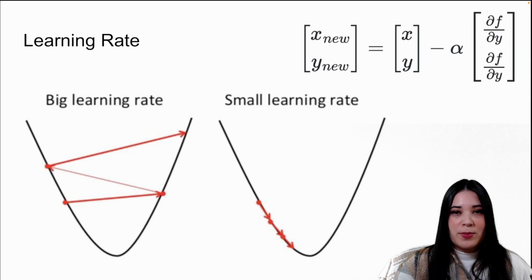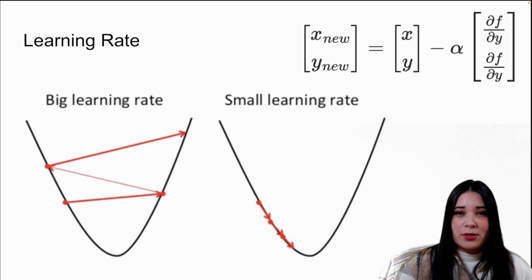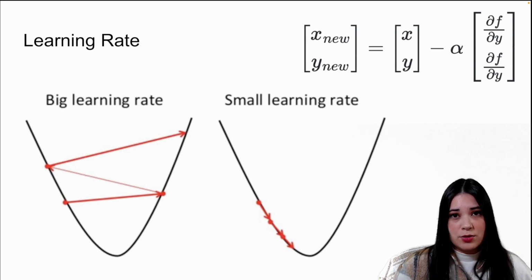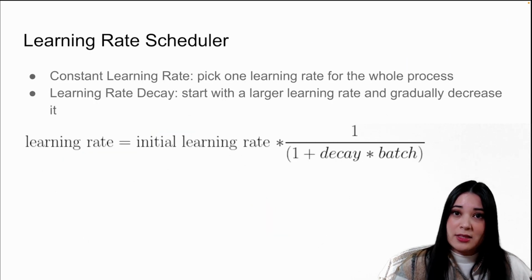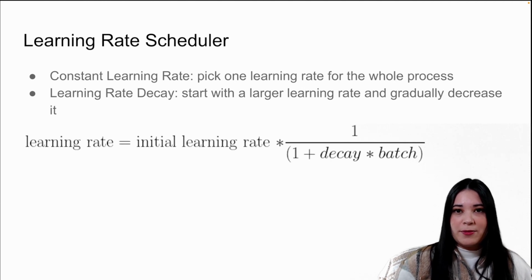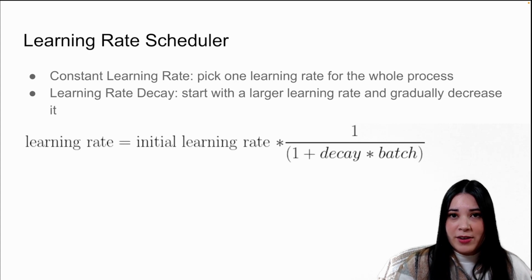So we want to be in that Goldilocks zone of having a learning rate that's not too big and not too small. Interestingly, we often do not want a learning rate that's constant. It can be really beneficial to start off by taking bigger steps and having a bigger learning rate, and then slowly bring that learning rate down as we approach a minima that's going to optimize our function.